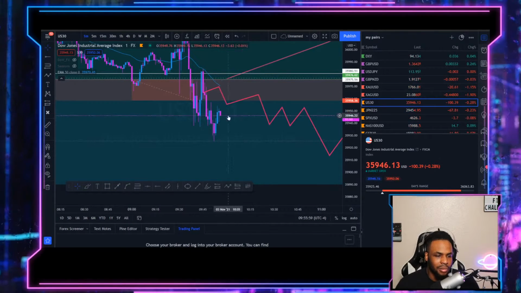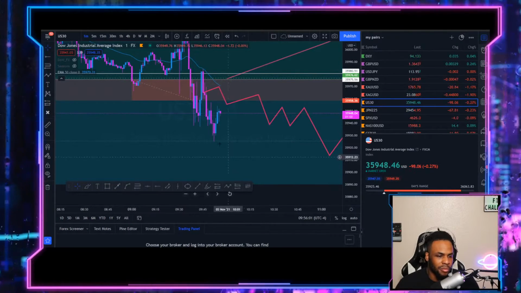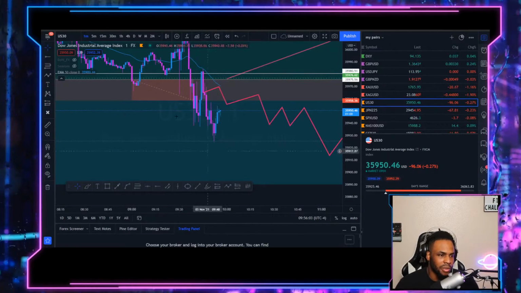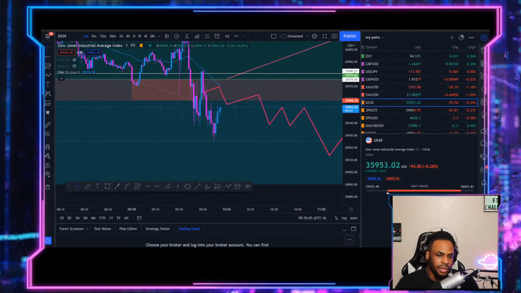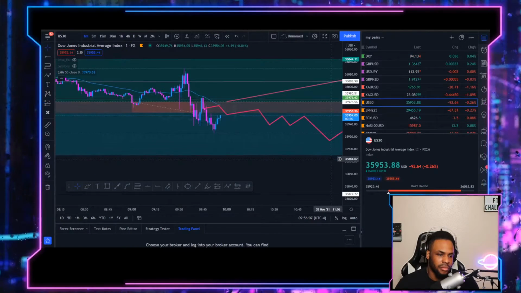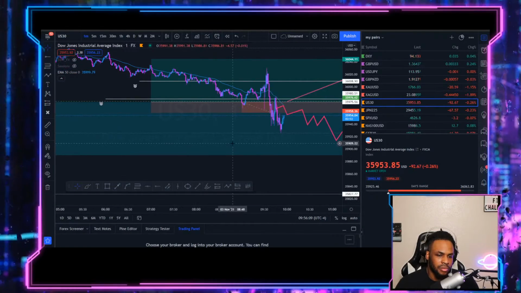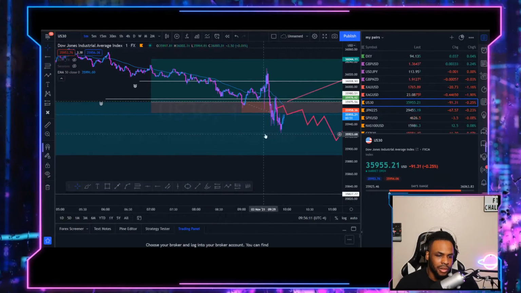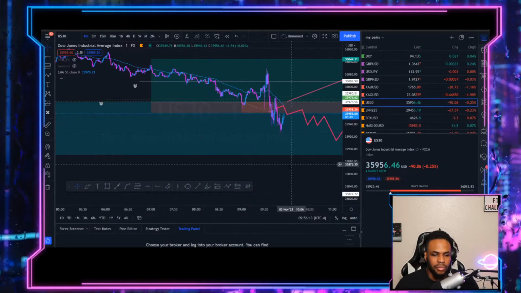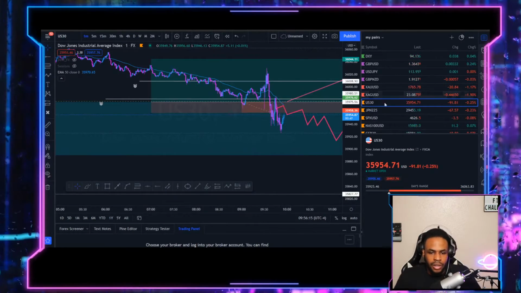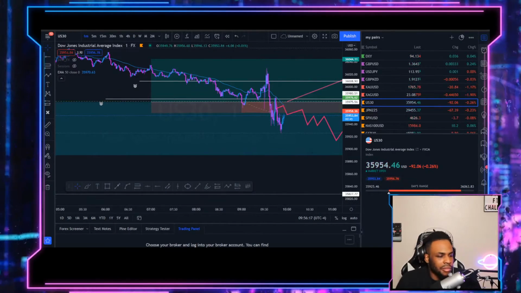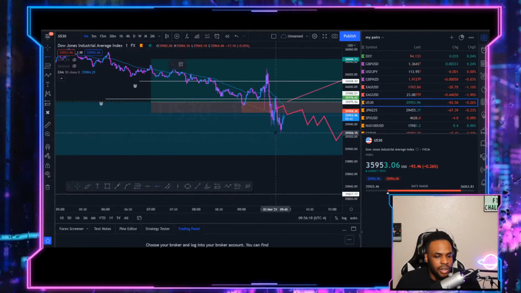I would like to see it break this low again with a bit more momentum. That's not enough momentum for me to be confident in the trade, at least. Yeah, I would look for another break there. All right, so US 30 is kind of on my radar. I'll trade it if it breaks this low.